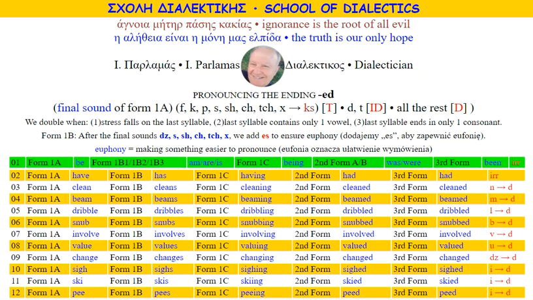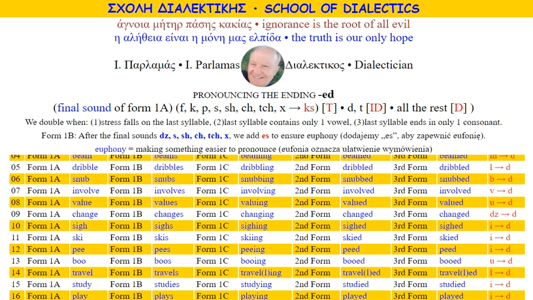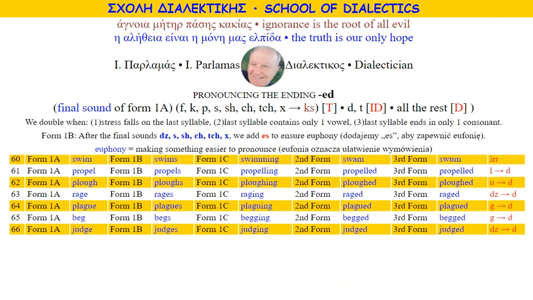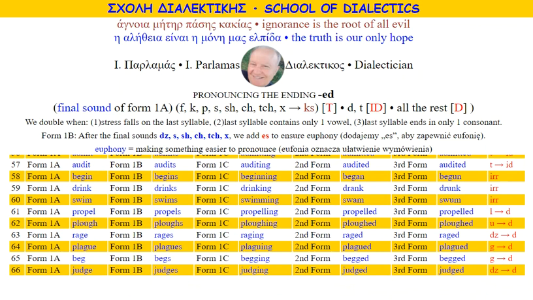And what I was saying before is that when the verb ends in EL and the stress falls on the first syllable, we have an option between American and British English. When it falls on the last syllable, like propel, we don't have an option, we must double, you see?